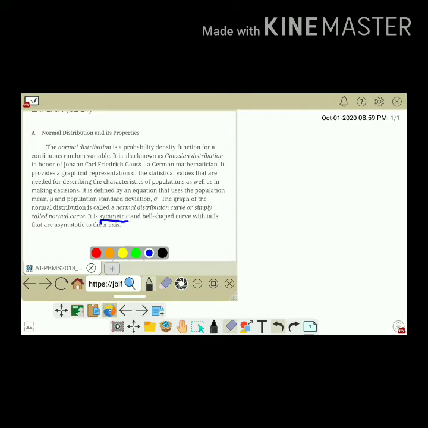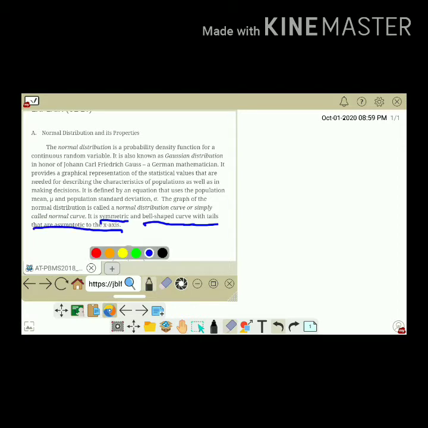When we say symmetric, there is an equal measurement on both sides, equal in size. And of course, another property that describes your normal curve is that it is bell-shaped, with tails that are asymptotic to the x-axis.